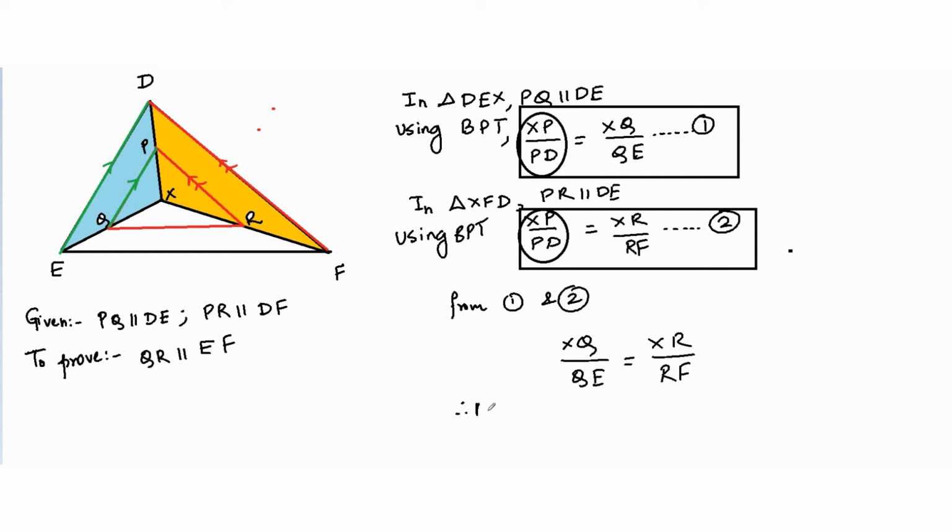And therefore by the converse of BPT, I can say that QR is parallel to EF, and hence I have proved what I wanted to do. So again pausing for a minute before moving on to the next one.